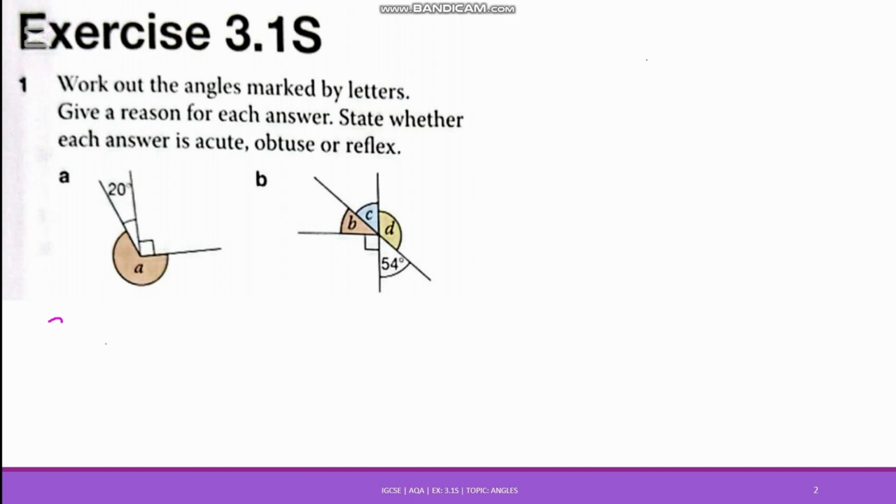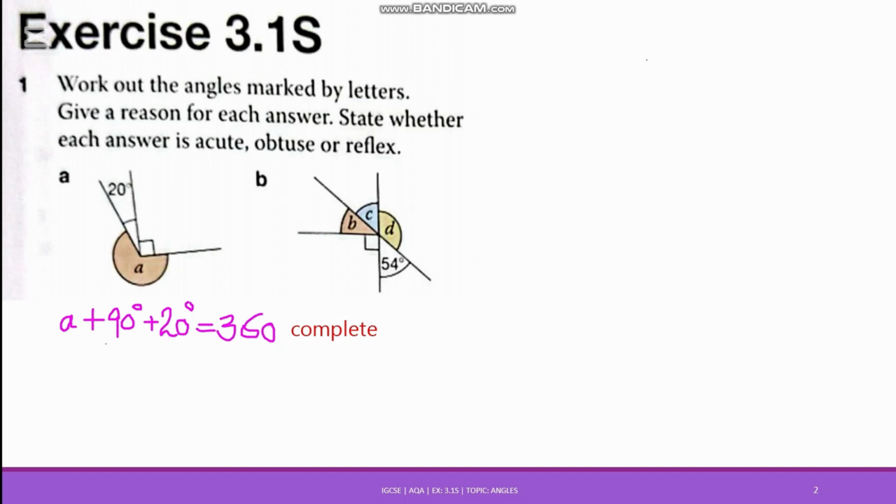So if we add the angles A, the right angle which is 90 degrees, and 20 degrees, the three angles must add up to 360 degrees. The reason is that this is a complete circle, and the sum of the angles in a complete circle should equal 360 degrees.